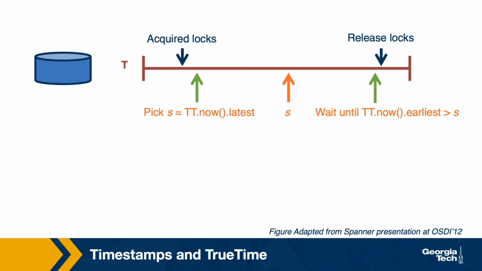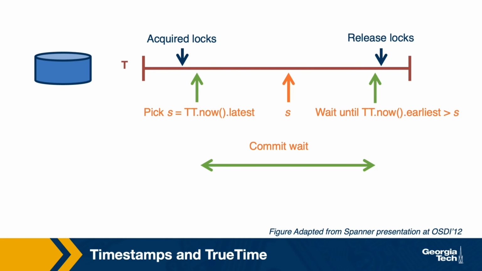If we have that guarantee, then we know that the minute we release the locks, if another transaction starts on another node, the timestamp it will end up having will be larger than this value S.